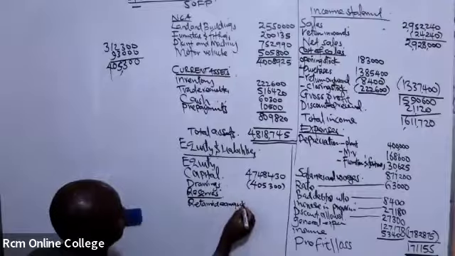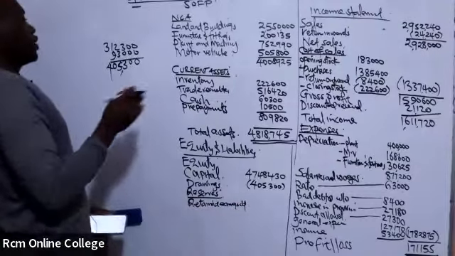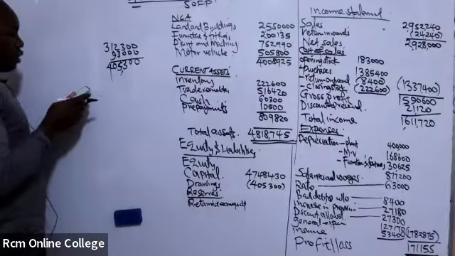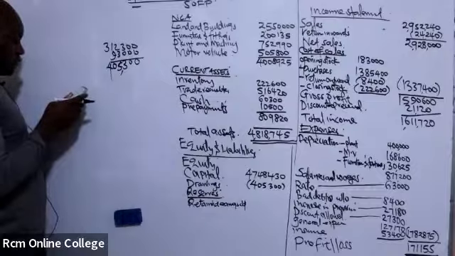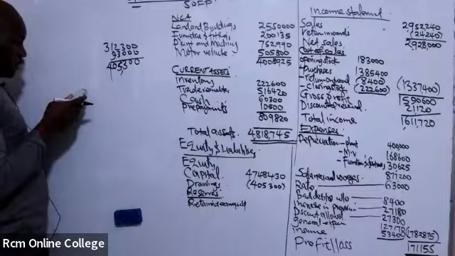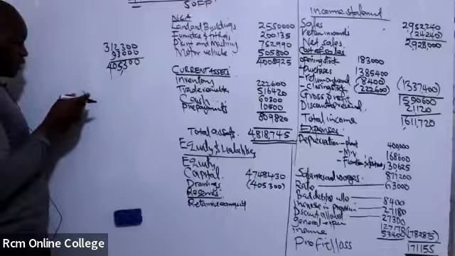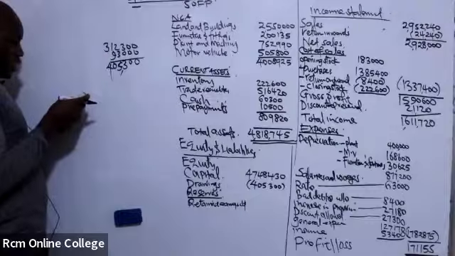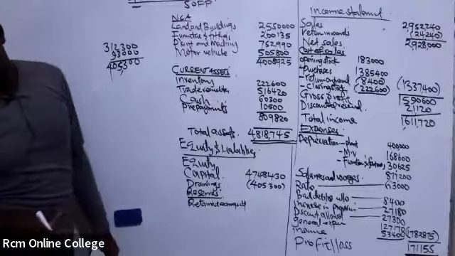Retained earnings carried down. How do we get retained earnings carried down? We look for the opening retained earnings. Do we have opening retained earnings? Look at our question. On the credit side, there is none, right?